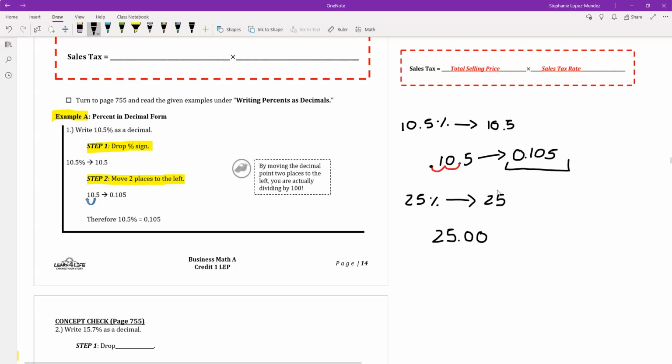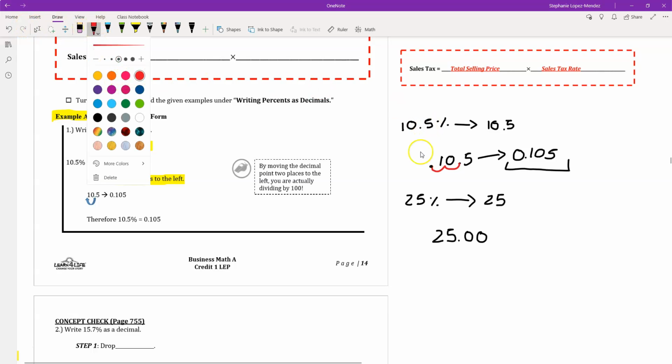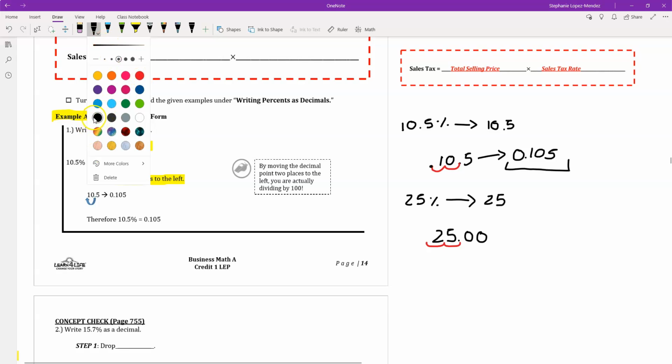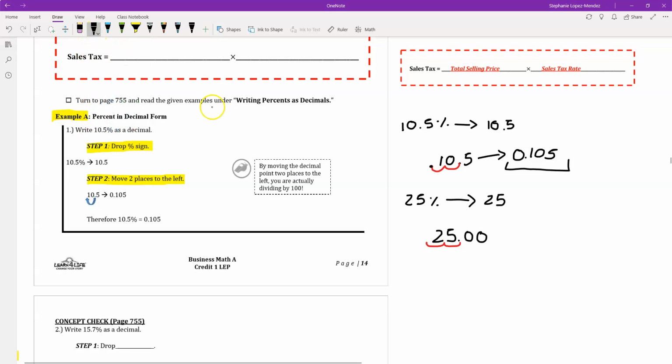When I move my point 2 times to the left, 1 and 2, my point just moves to before the 2.